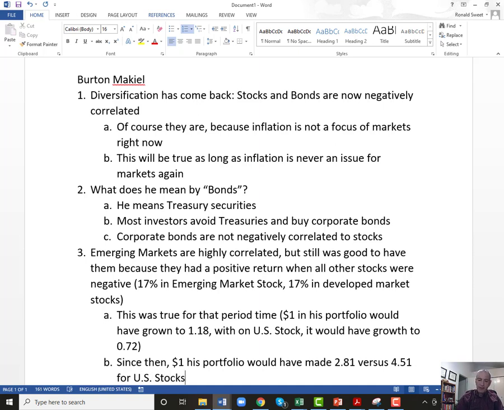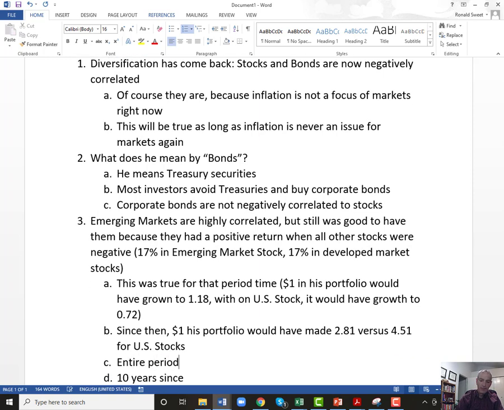For the entire period, it was a draw. The returns were the same. Risk was slightly lower for his portfolio for the entire period, but not much. He essentially ended up with the exact same return over that 20 years.